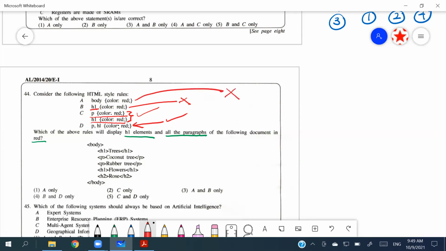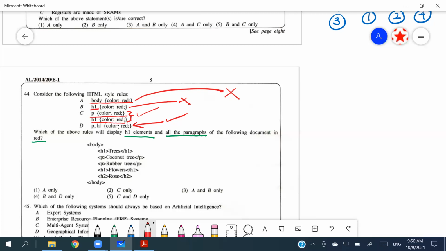It is because regardless of the tag, if you have body color colon red, everything like all font, it doesn't matter whether you are using H1 or H2 or H3 or H4 or paragraph or anchor tags or wherever you are going to use characters, those are going to be in red if you get the first particular rule, right?